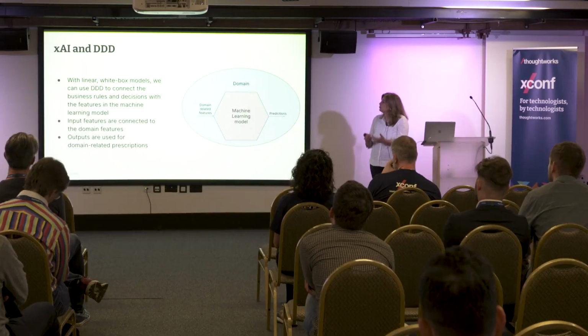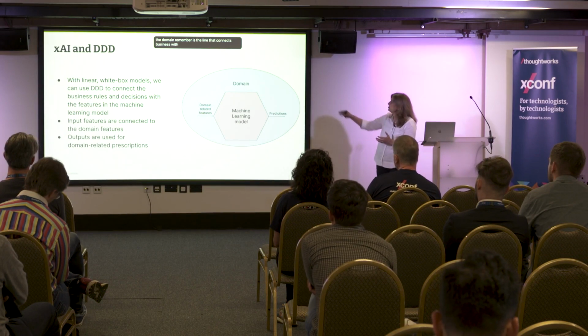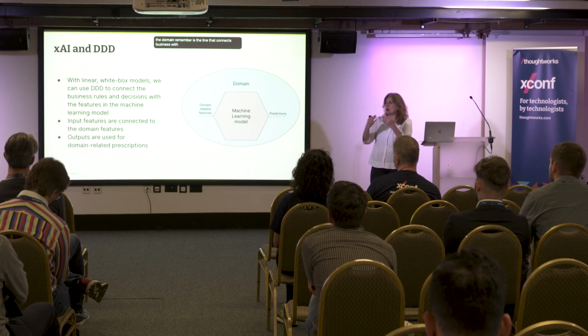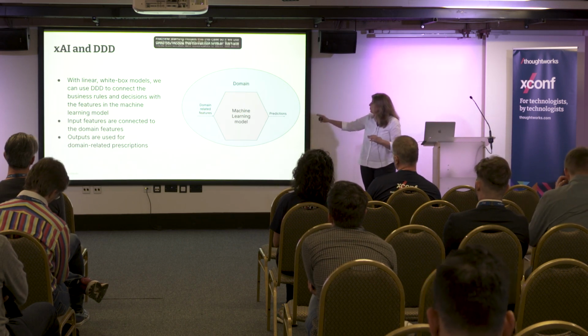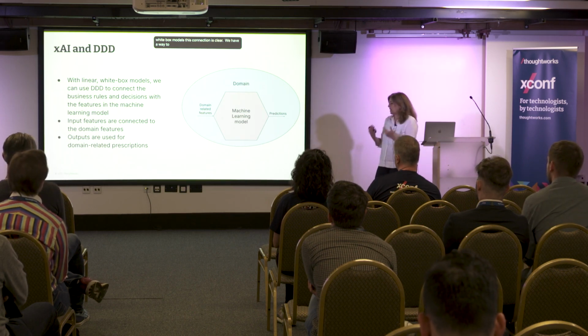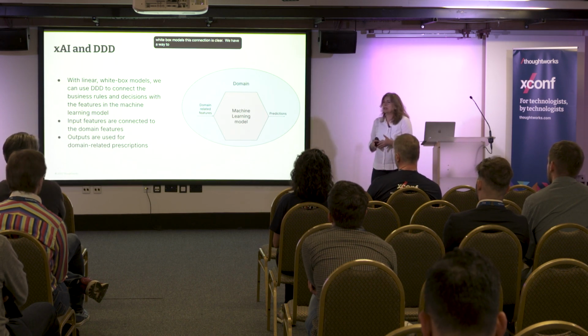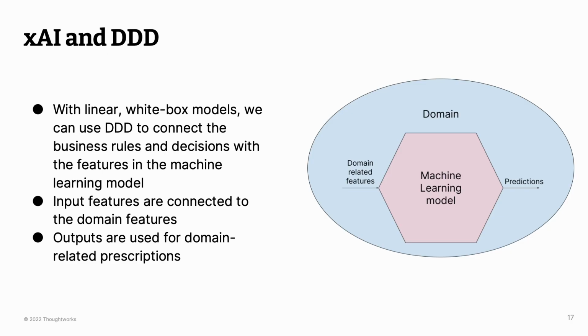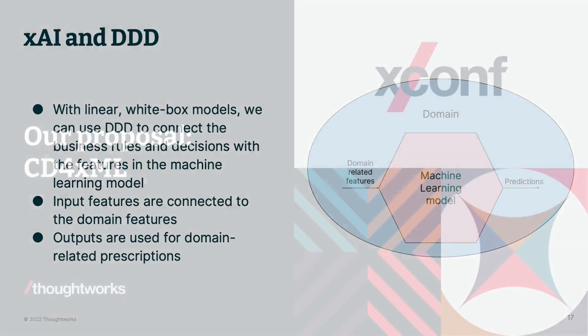So if we use white box models, this connection is clear. We have a way to work on and to connect the inputs with the domain. And the predictions can be expressed in terms of domain-related prescriptions. So we have the connection: domain features related to the input of the machine learning model and predictions that are expressed in terms of domain and influence the business, at last.